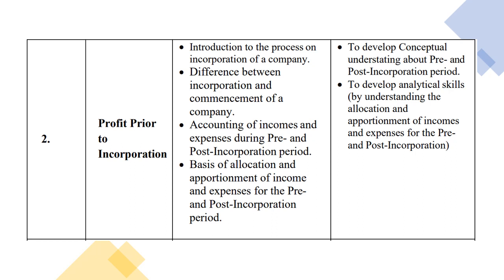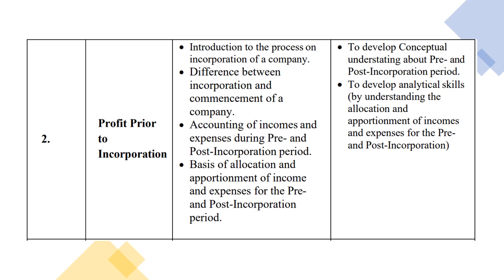Second, the difference between incorporation and commencement of the company. Third, accounting for income and expenses during the pre and post incorporation period. And fourth, the basis of allocation and apportionment of the income and expenses for the pre and post incorporation period.